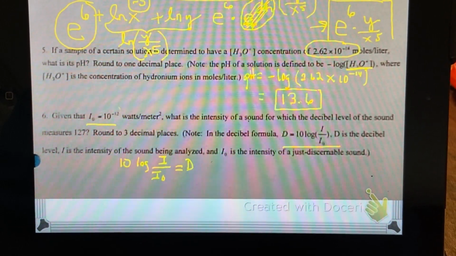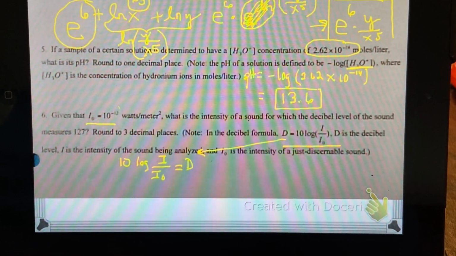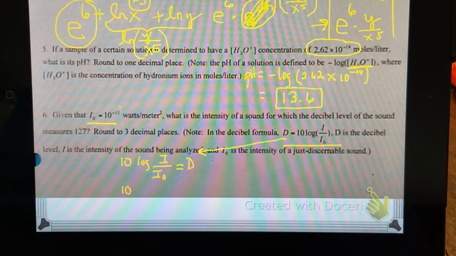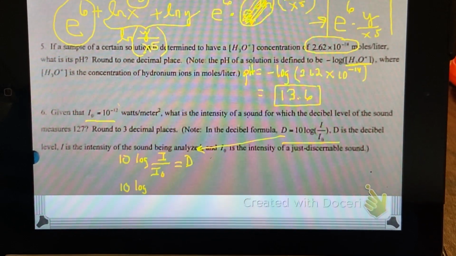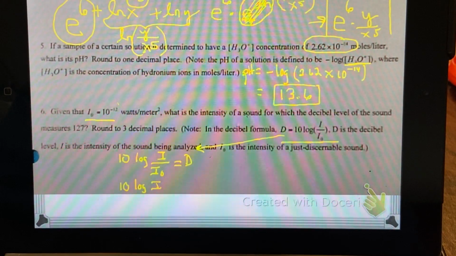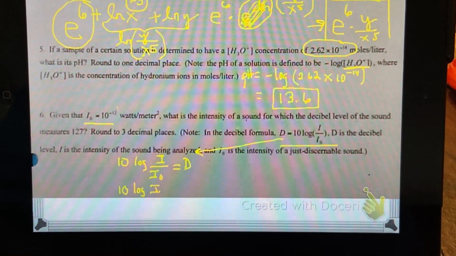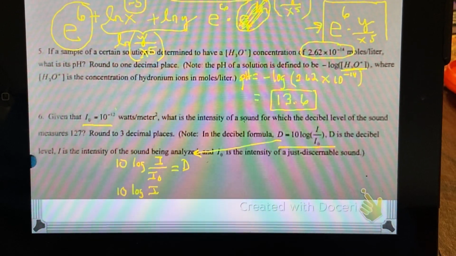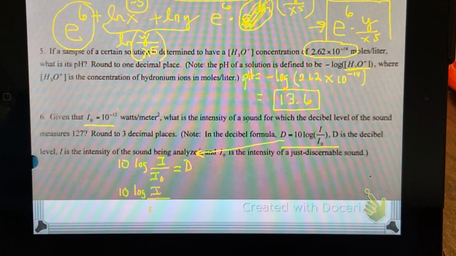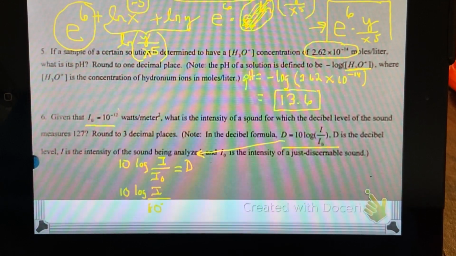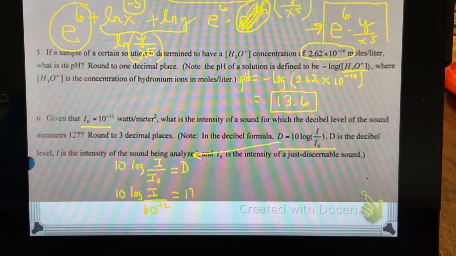I just flipped this formula around, I just switched it. So 10 log. I'm looking for I. It says find your intensity. So I naught, initial intensity, was 10 to the negative 12. Equals, and then decibels was 127.